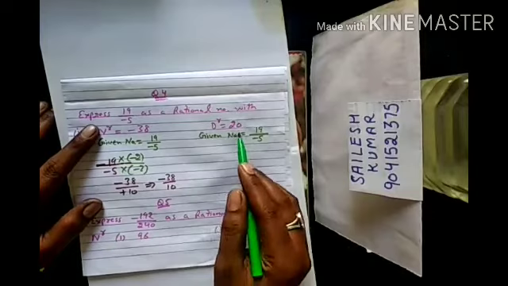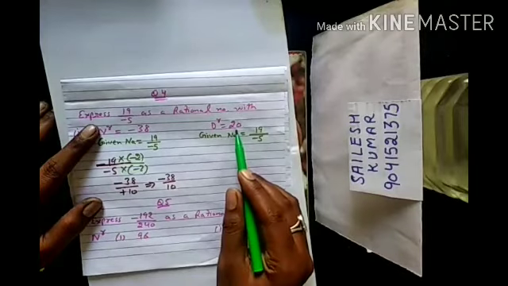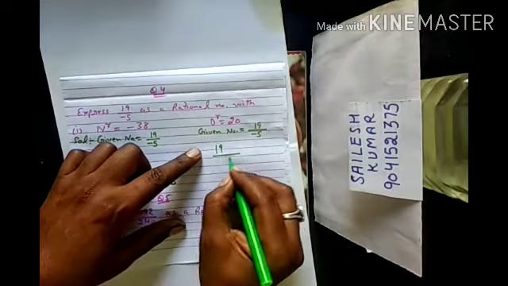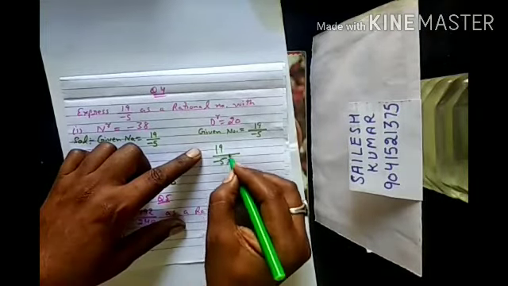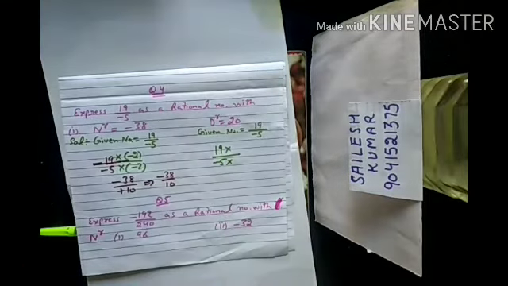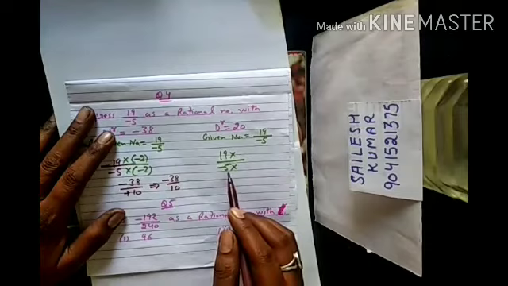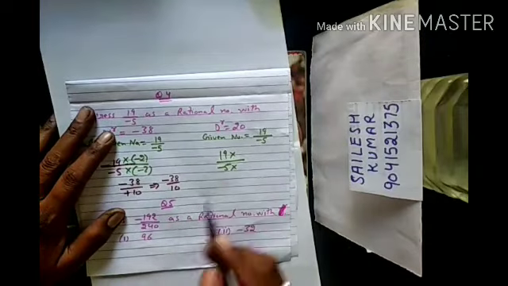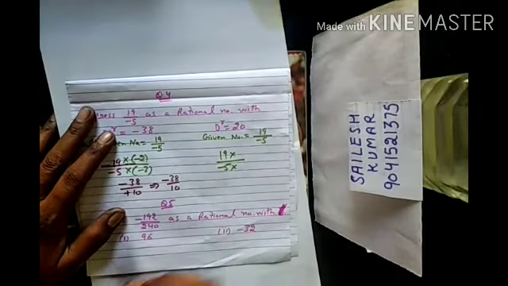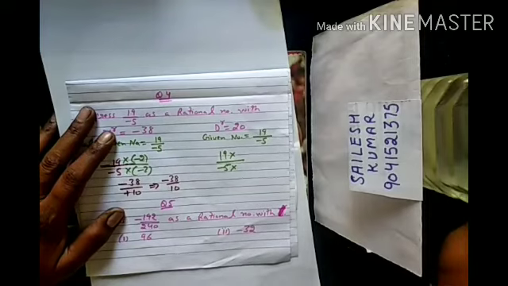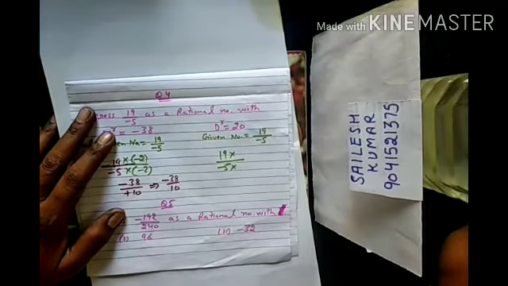Now the given denominator is minus 5 and the required denominator is 20. Now by which value should I multiply the denominator so that I get the answer 20? In the denominator there is 5. 5 multiplied by 4, then we will get 20. But we need plus 20.